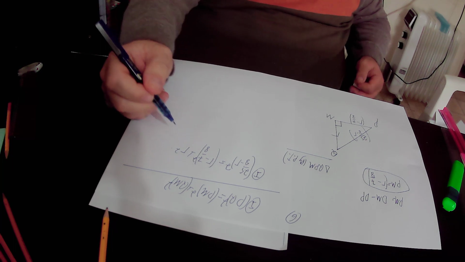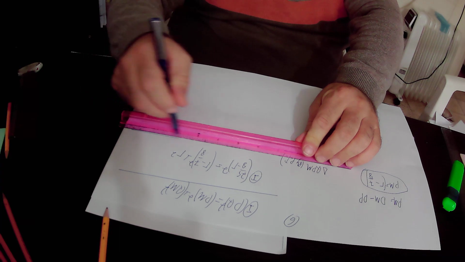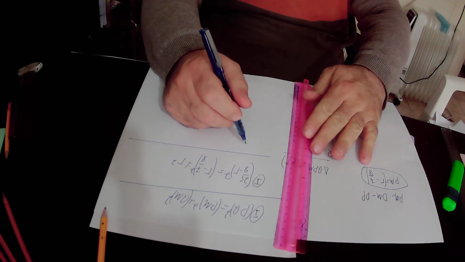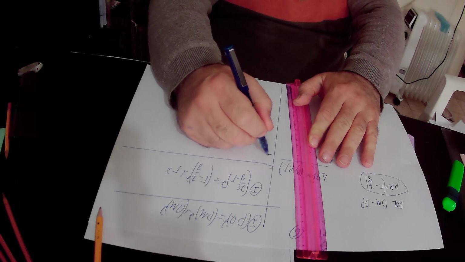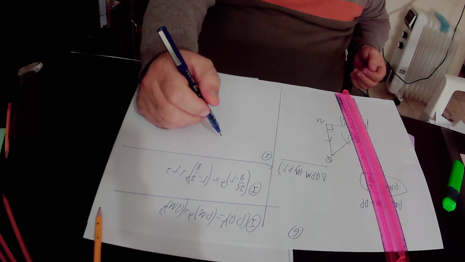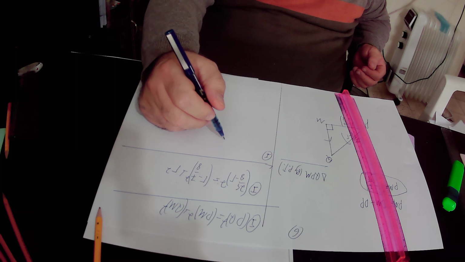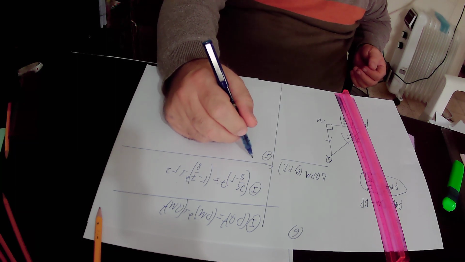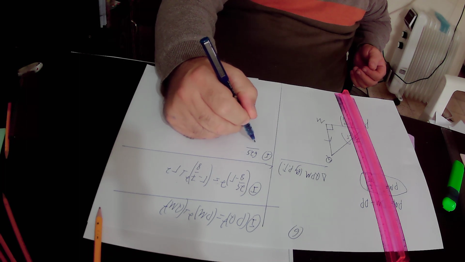Here we will open the brackets on both sides of equation number 1, and we will get that (25/8 minus r) square is equal to 25/8 square, that is 25 square is 625, over 8 square is 64.